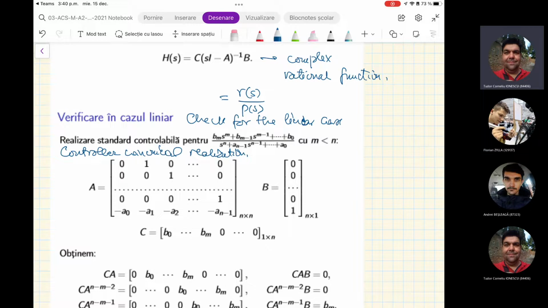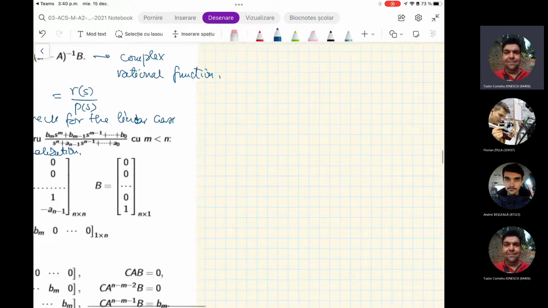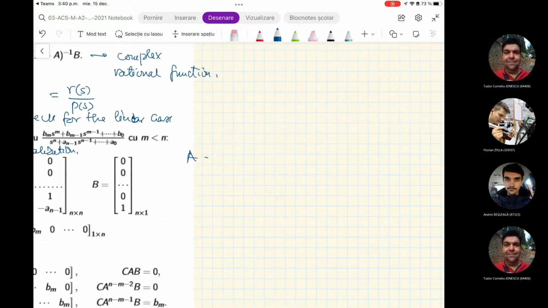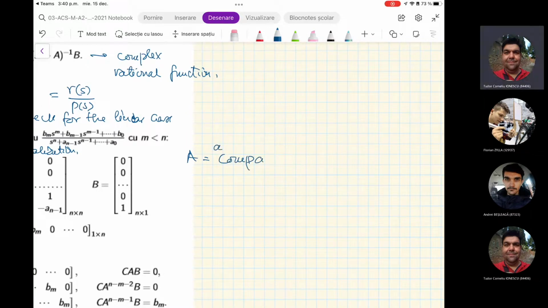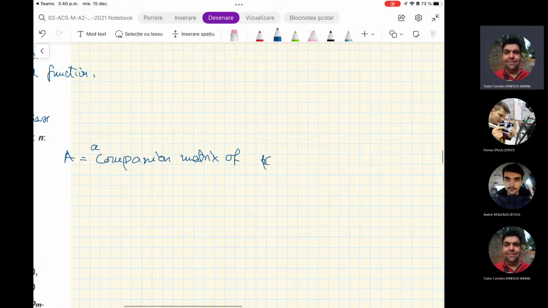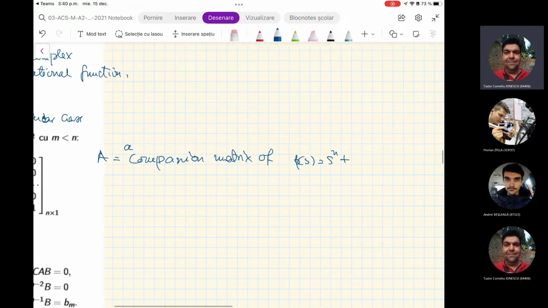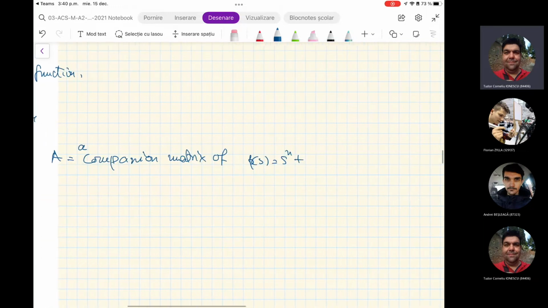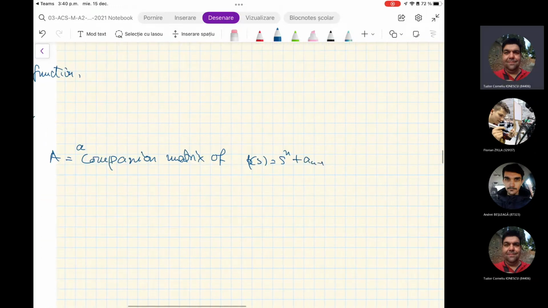It has this form. Note that this matrix A is a companion matrix of the polynomial P(s) equals s^n plus a_(n-1) s^(n-1) plus and so on, plus a0.